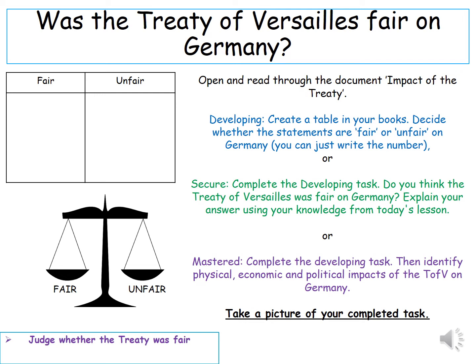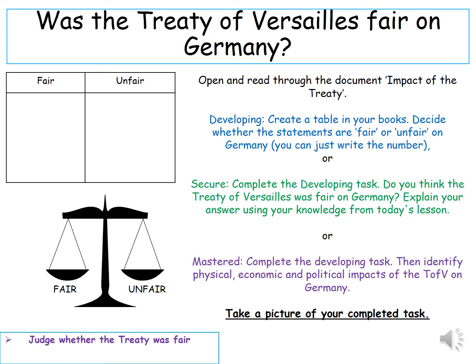And master's students, we would like you to complete the table as well, just like the developing students. Can you create that table of fair and unfair? But could you identify the physical, economic and political impact? So could you colour code them or put them into a separate group? So anything that has physically impacted on Germany, so it's taken away maybe 10% of their land.